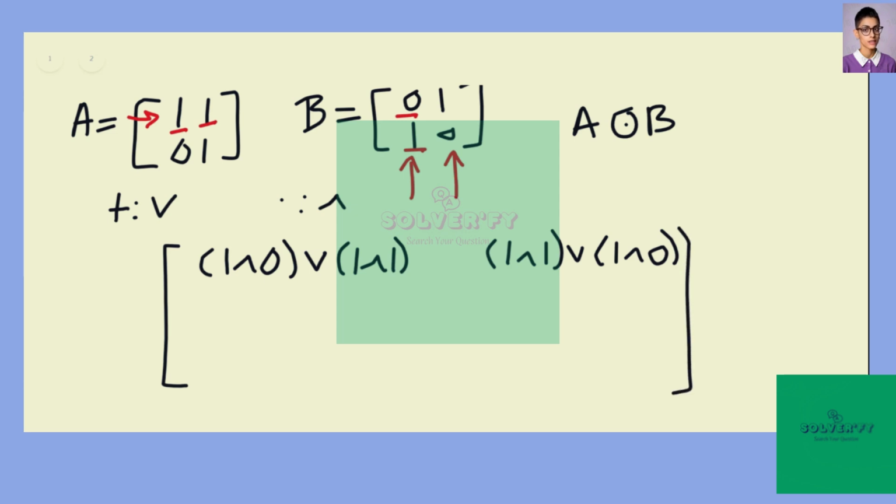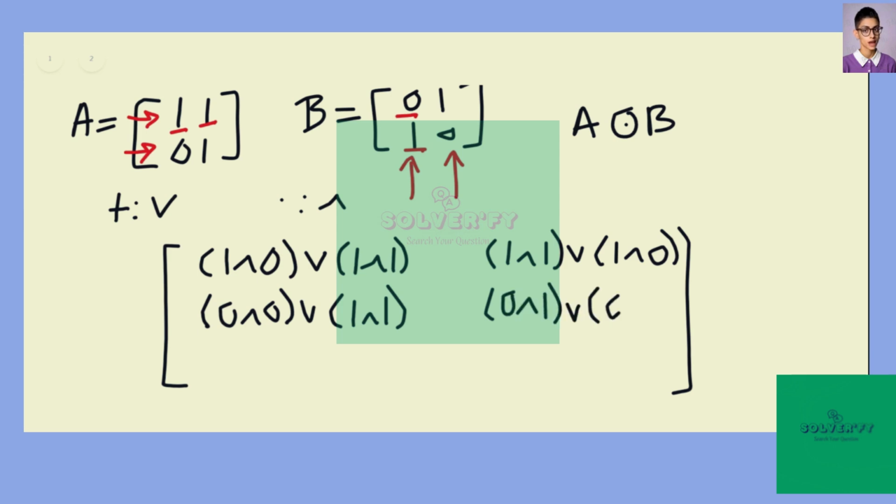Okay, and then we'll repeat the process here for the next row of A, and that's going to give us 0 and 0, or 1 and 1. And then for the final row column pair, we get a 0 and 1, or a 0 and 0.